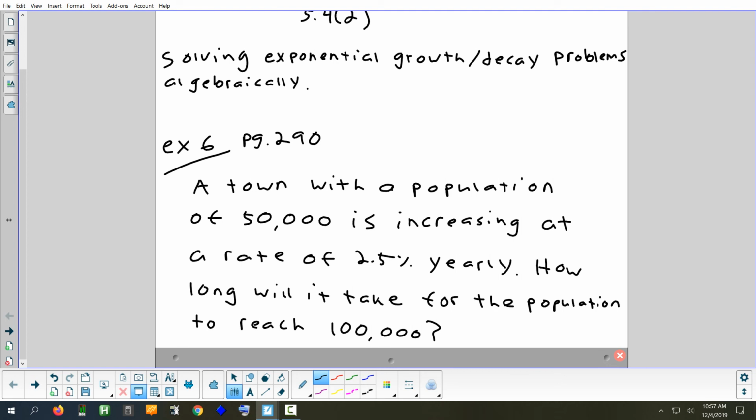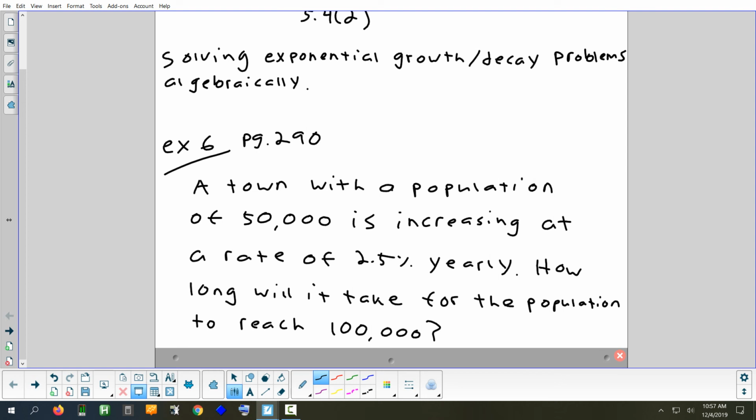So the fact that they tell you it's increasing at a certain percentage every year, that tells you that it's exponential. Whenever something goes up the same percent over and over and over, that's exponential.